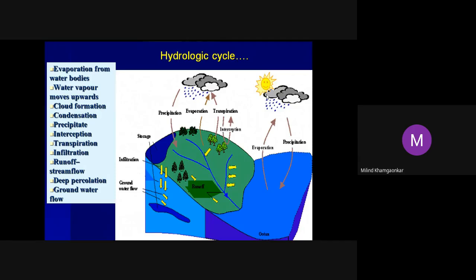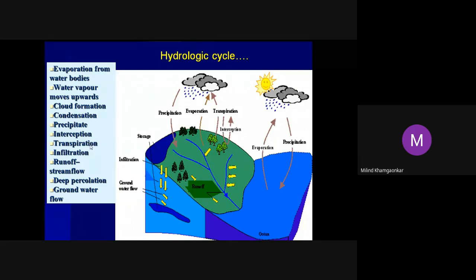Due to the wind, the cloud moves, transportation from one place to another, cooling, and so on. We need the condensation nuclei. Then precipitation takes place. Precipitation is intercepted in between, from the cloud to the ground, somewhere by plants, by buildings, and so on. Then it reaches the ground.